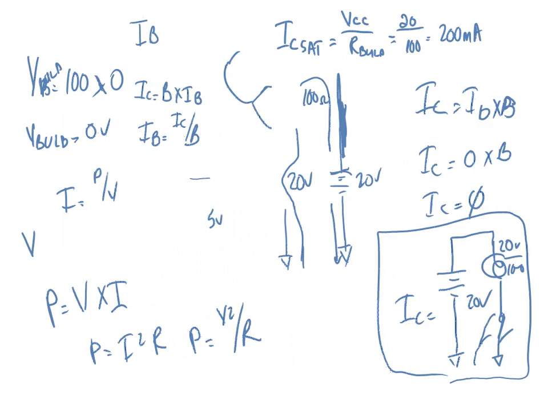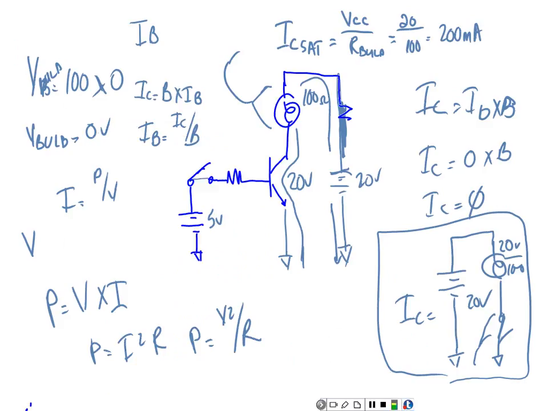Let's come up here. Where's my slides at? Let's see if it comes up. Here we go. So I'm going to say 200 milliamps divided by 30, and we're going to call this IB sat.